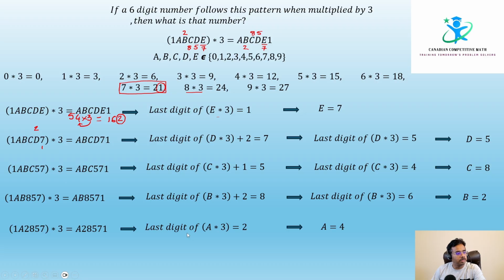So the last digit of A times 3 will be equal to 2. That's possible only when A equals 4. So now we obtained all the values of A, B, C, D and E.